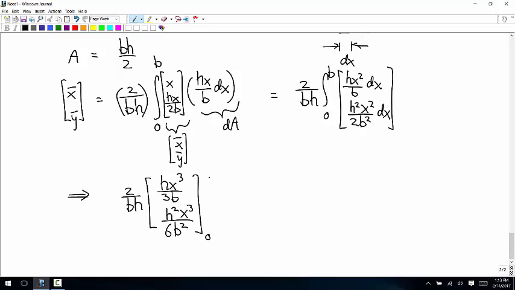And that's evaluated from 0 to b. And now plug in the boundaries, and you get 2 over bh times the vector. The x component here is h b cubed over 3b. And the y component is h squared b cubed over 6b squared.